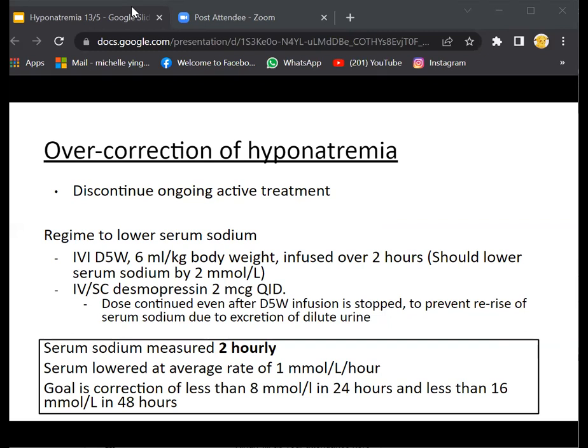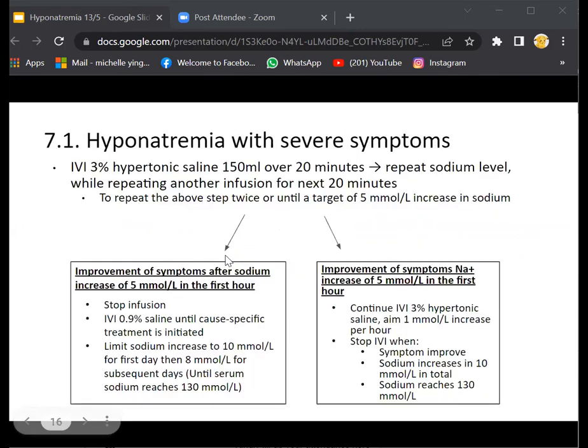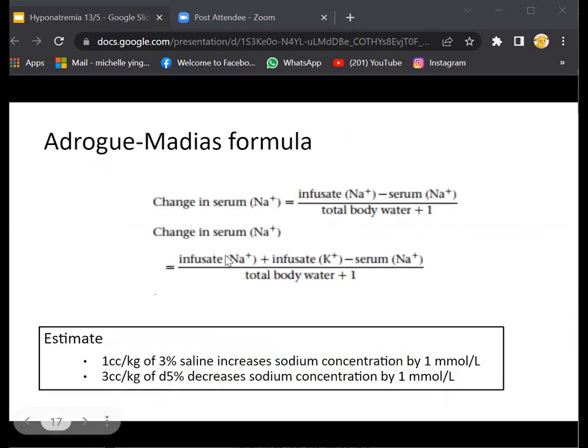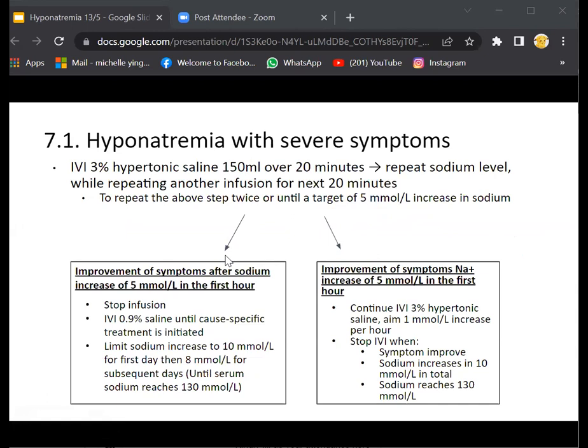And actually, just back to the slide of the severe management, this is just to add on. There are many different guidelines for this, but currently we prefer to use bolus rather than infusion.